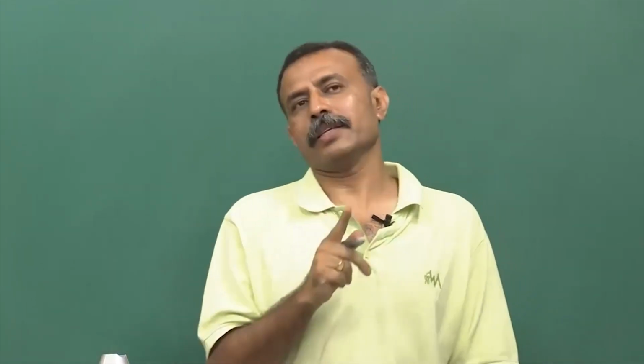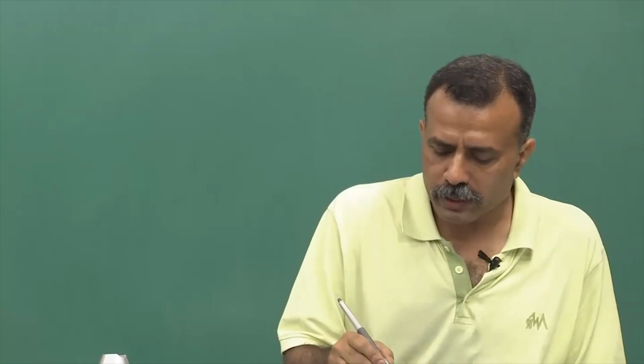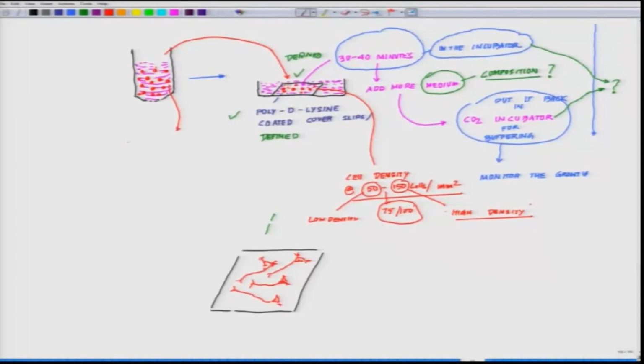You cannot change it. So, how this is done is, once you isolate the cells, you use a hemocytometer to quantify the harvest. In this case, cells.